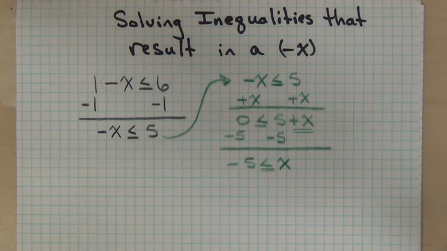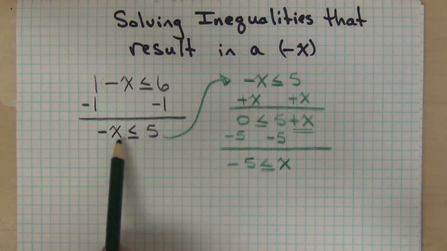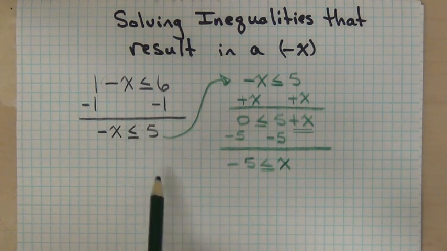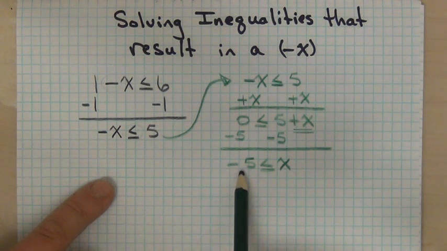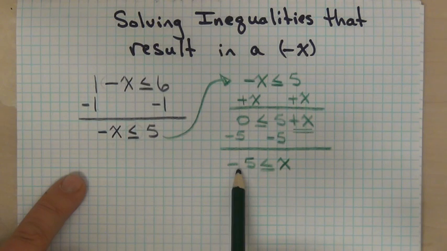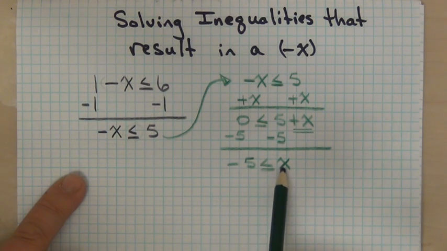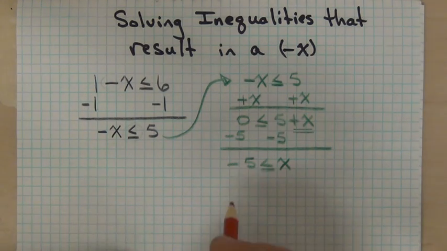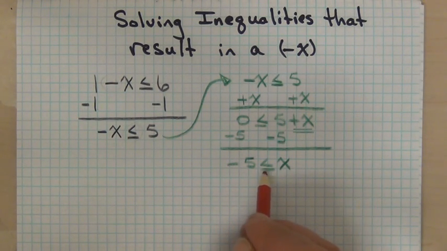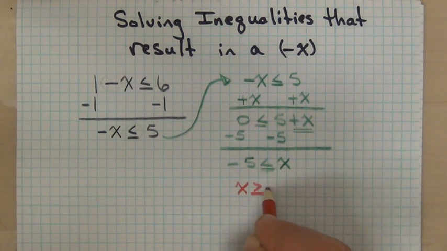Now, I could have gone straight there and it would have been easier to divide or multiply this side by negative, but something happens with this inequality symbol that we need to take into account. So let's look at this again. I've got negative 5 is less than or equal to x. Another way of thinking about that is if negative 5 is smaller than x, that really means x is bigger than or equal to negative 5.